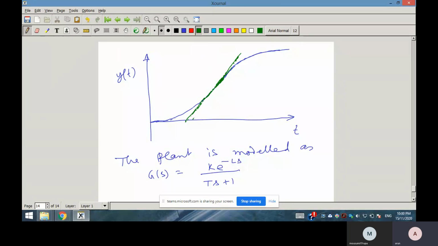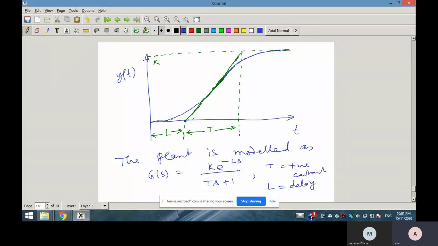So this distance is your L, and this point, suppose this is your steady state value K, and this value will be your T. T is called the time constant of the system, and L is called delay.